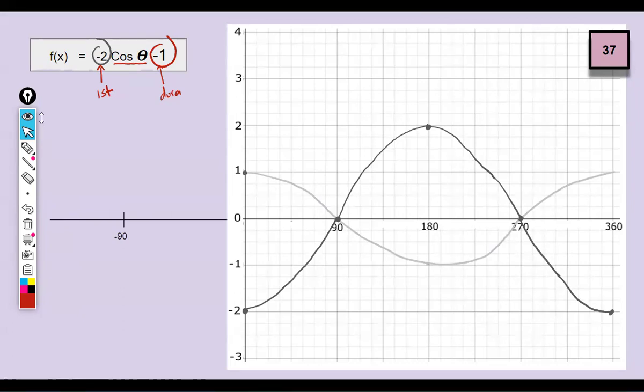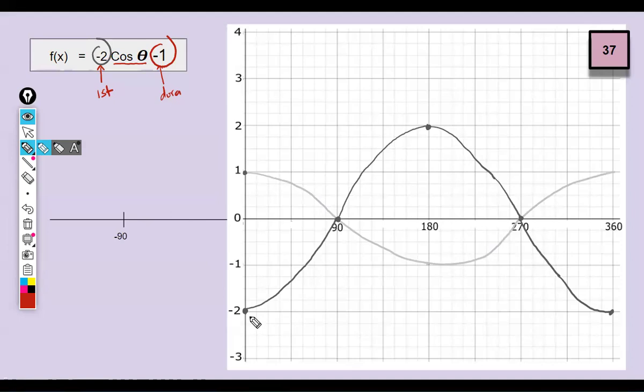So the whole graph drops downwards by 1, like an earthquake, like the ground was removed.